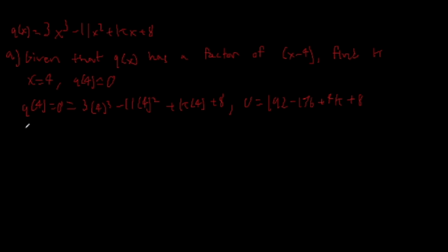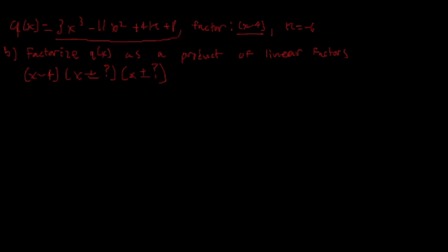And this will imply that 0 is equal to 24 plus 4k. And we can say now that k is equal to negative 6.